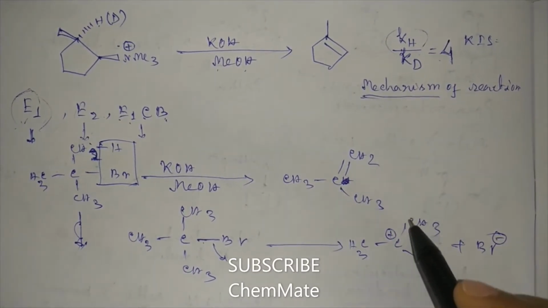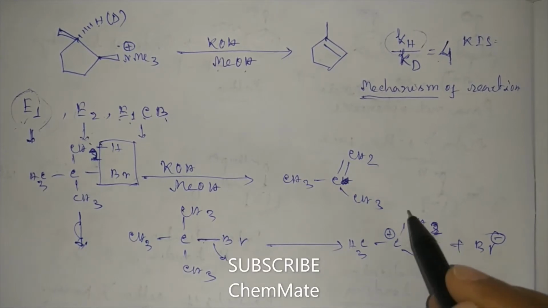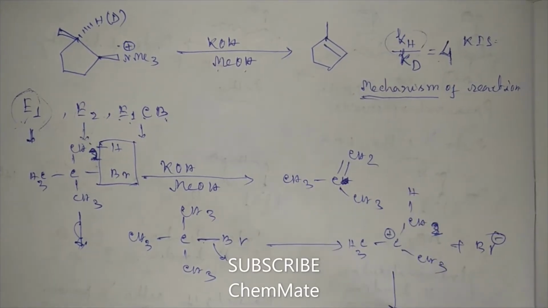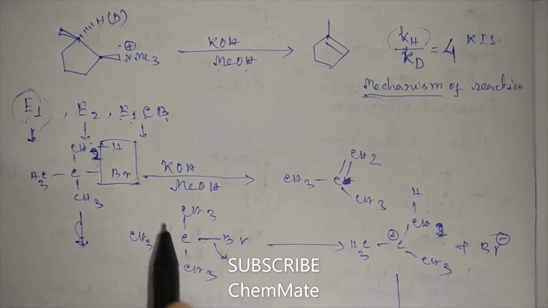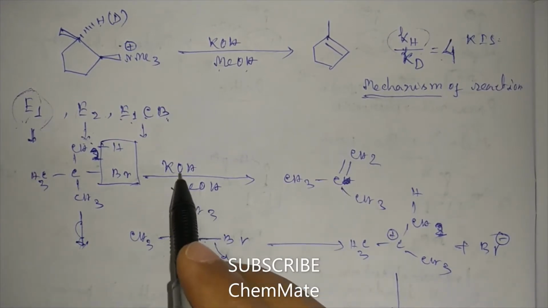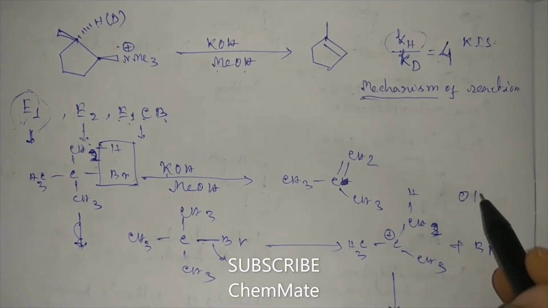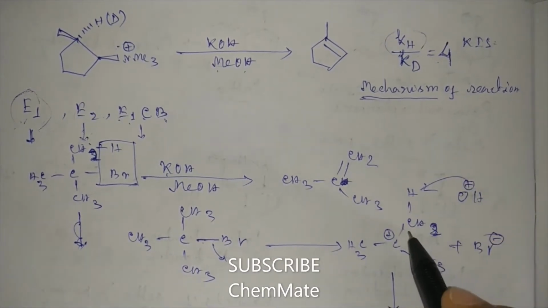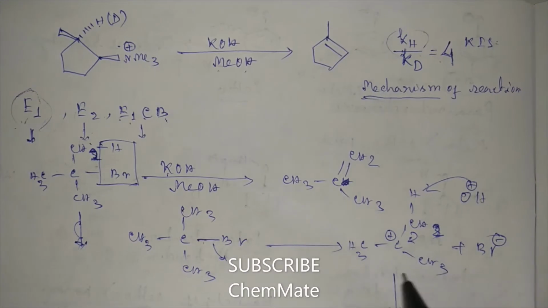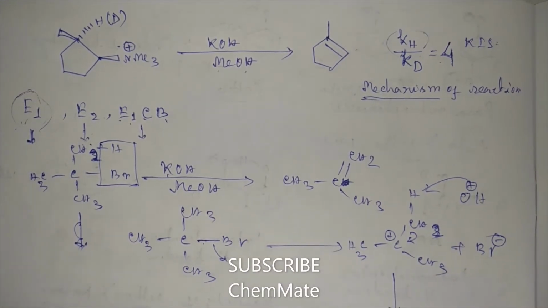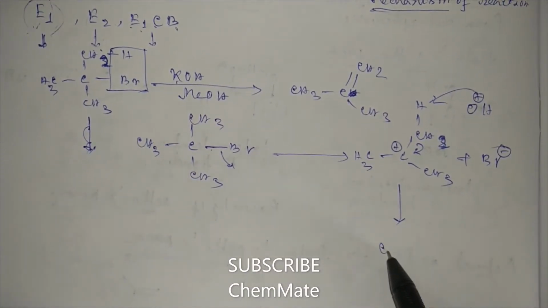Now from this carbocation, the solvent itself will act as a base, or maybe the base employed will take one proton to give this double bond, an alkene.